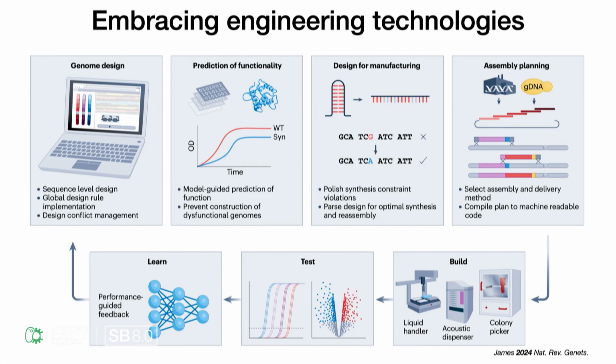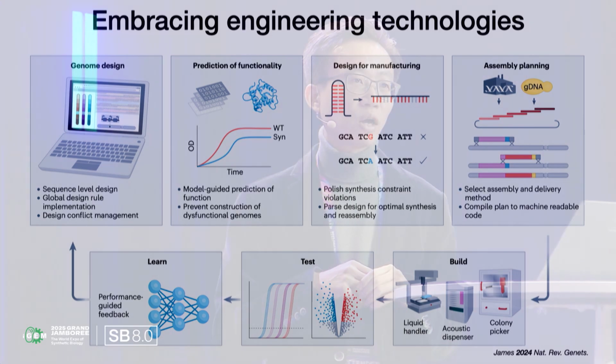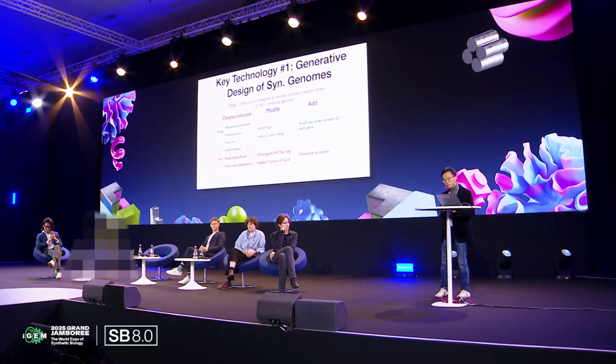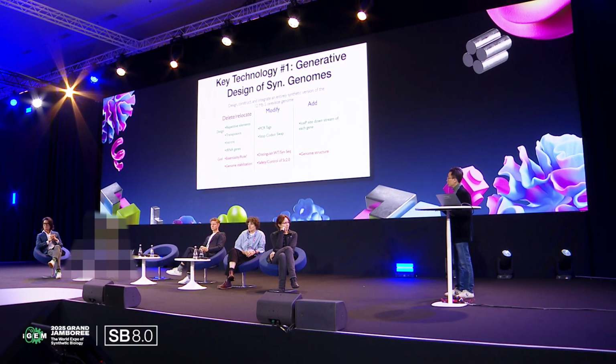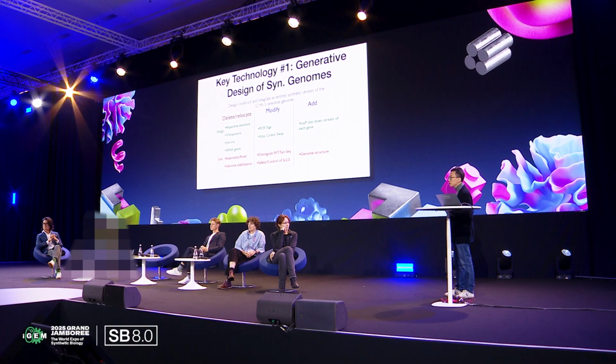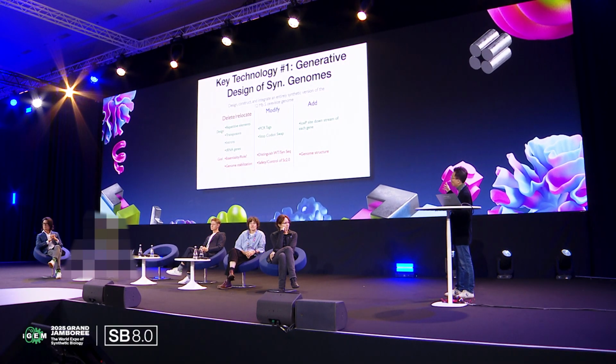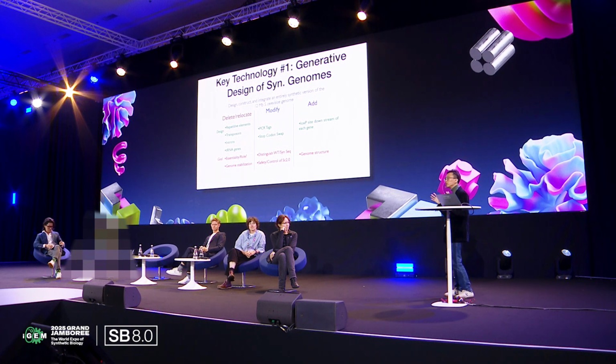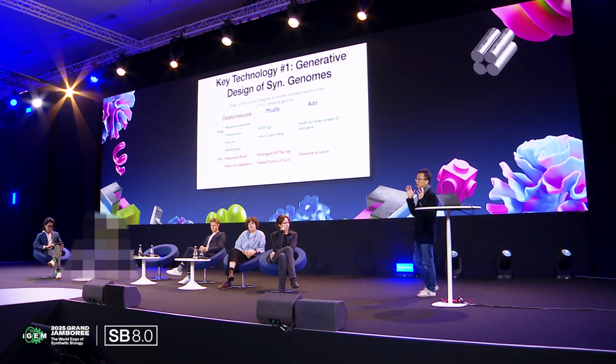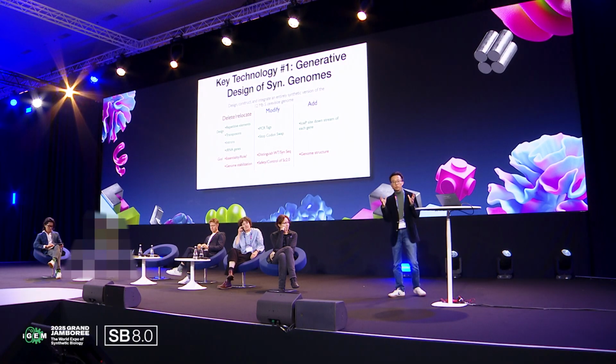I'm going to show you some of these examples. How do we engineer the genome at scale? The first thing I'd like to do is show you a bit of the design we have done in the past 10, 20 years. This is the key technology one: generative design of synthetic genomes. I'm not going to talk you through all these design principles, but essentially, you can think at a high level, in human language, about what you would like to do to the genome.